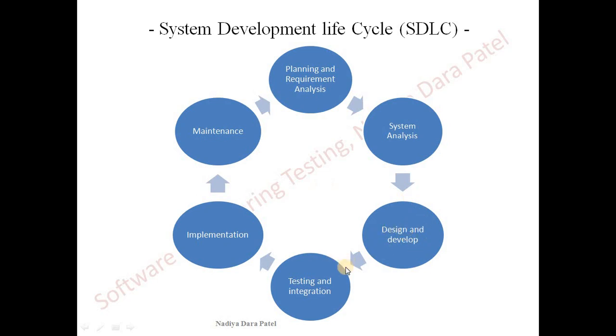But this is not simply just a phase. When you see the diagram, you might feel that every phase is treated equally and is of equal duration of time. But it is not the case when it comes to practical application. Here you actually perform a small iteration. The team of testing and integration will check the developer's work.